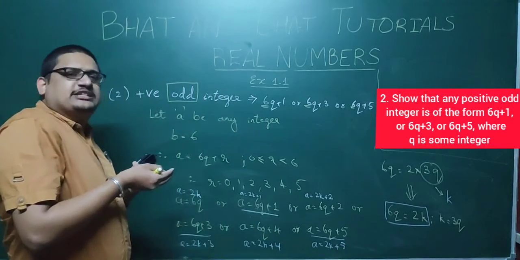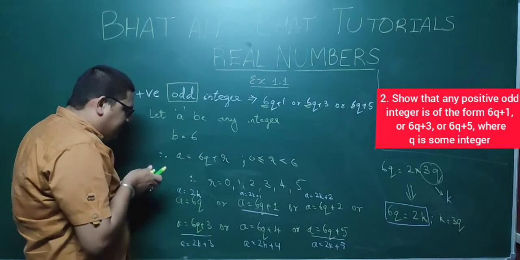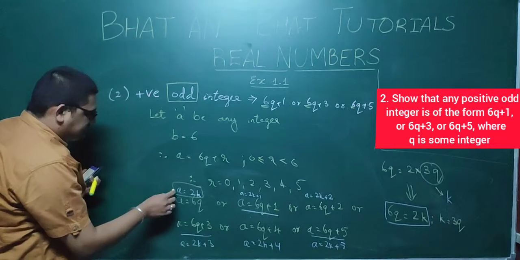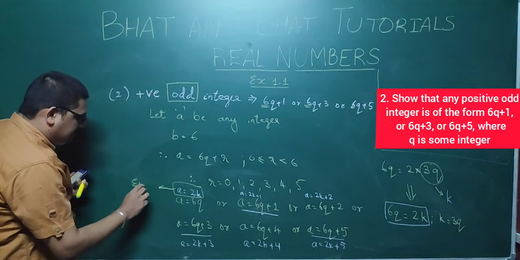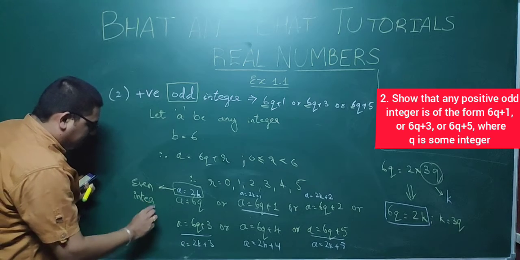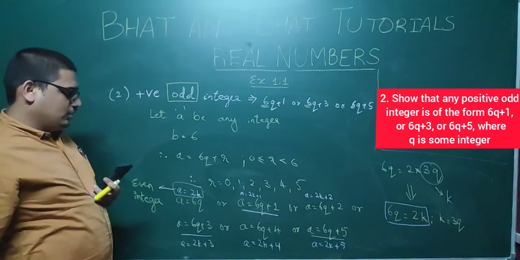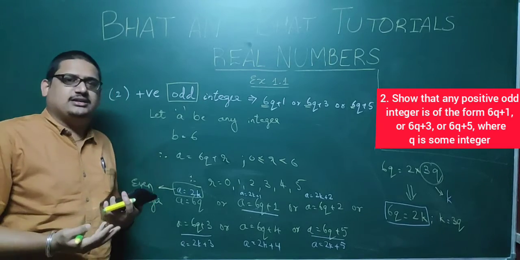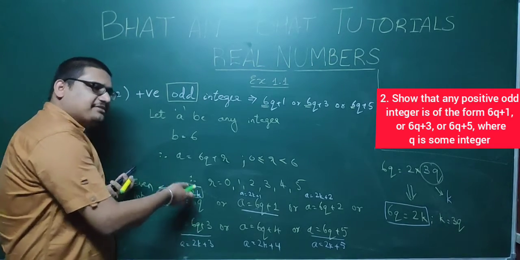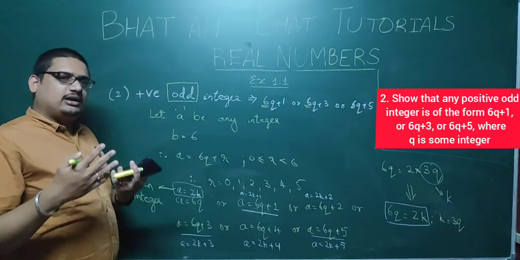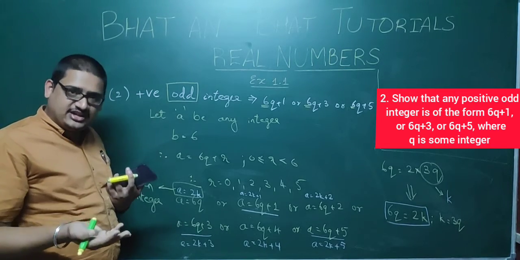But just a few minutes back we studied that 2k, or this form, represents an even integer, correct? Even integer. 2k, if I multiply by 3, is also an even integer, because 2k, k is nothing but 3q. So going for a bigger number doesn't mean my representation has changed.